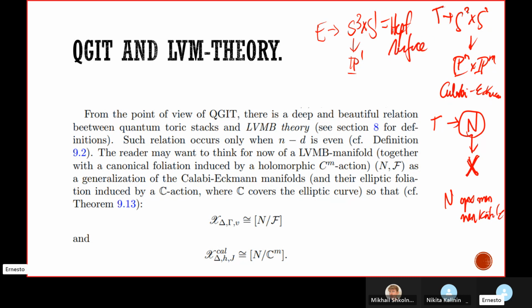Hopf surface S3 cross S1 is complex. It's a complex manifold, which is a little bit of a surprise at first, but then you realize it's clearly a complex manifold. But just by purely topological reasons, H2 of this space is 0.